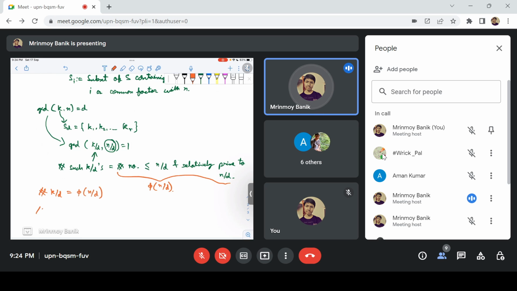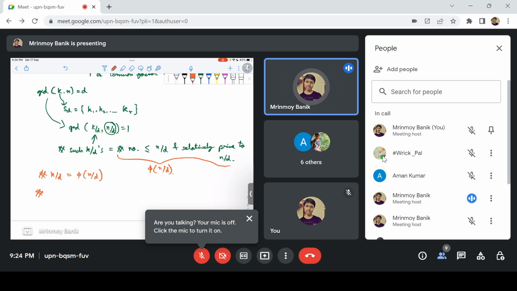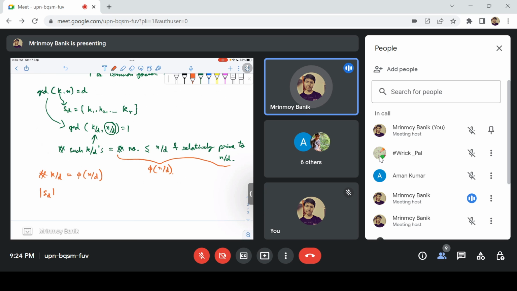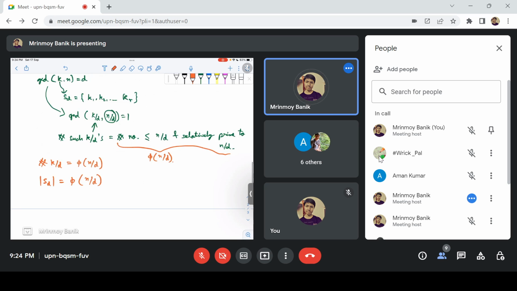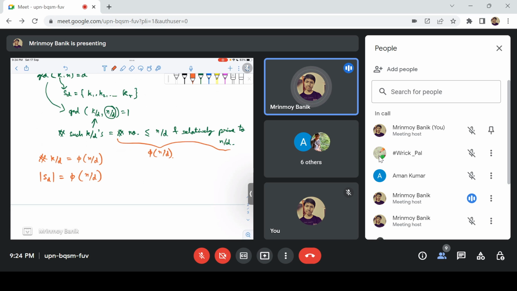And since such k by d's have a bijection with the k's, the elements of the set S_d, the cardinality of S_d is phi of n by d. So we found the size of S_d. We don't need to know the elements right now.